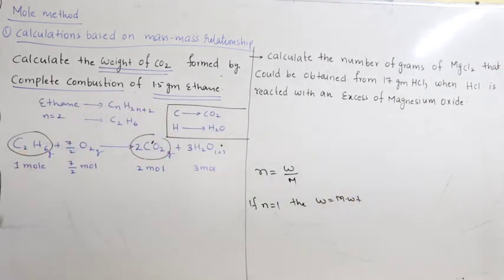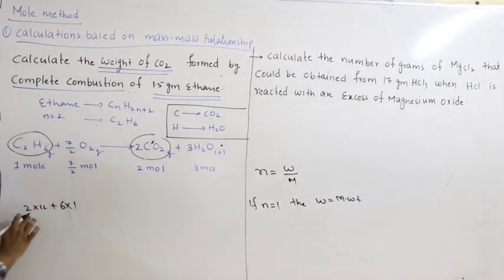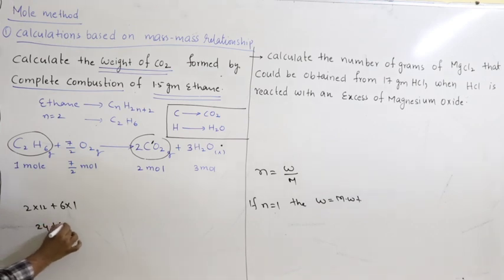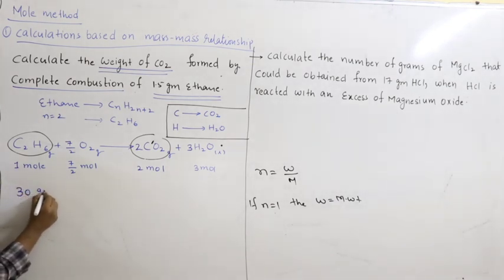What is the molecular weight of ethane? 2 carbons, 2 into 12, plus 6 hydrogens into atomic weight of hydrogen 1. 2 into 12, 24 plus 6. You will get 30. So, molecular weight of ethane is 30. 1 mole of ethane means how many grams? 30 grams.